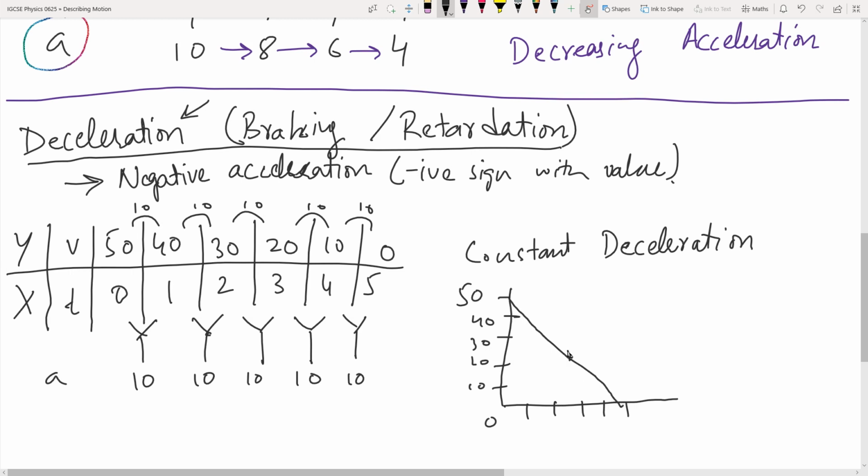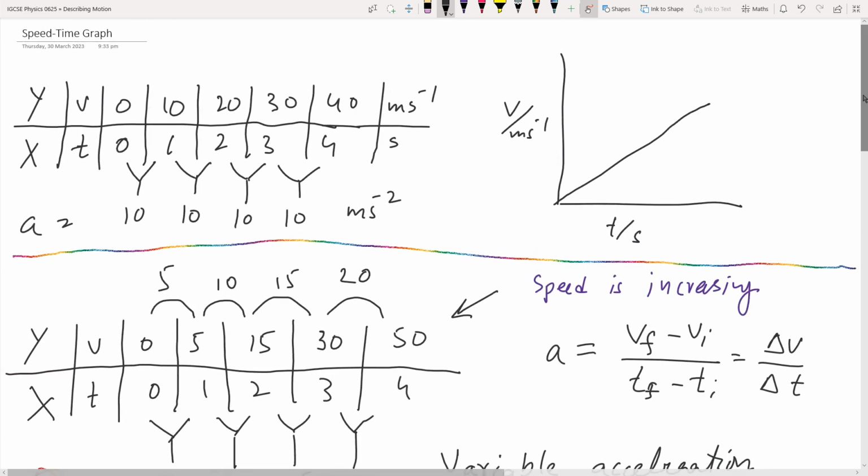It's a downward trend, right? So this is the opposite. This is again V in meters per second and t in seconds, right? So this is a downward trend compared to our original constant acceleration, which goes up.